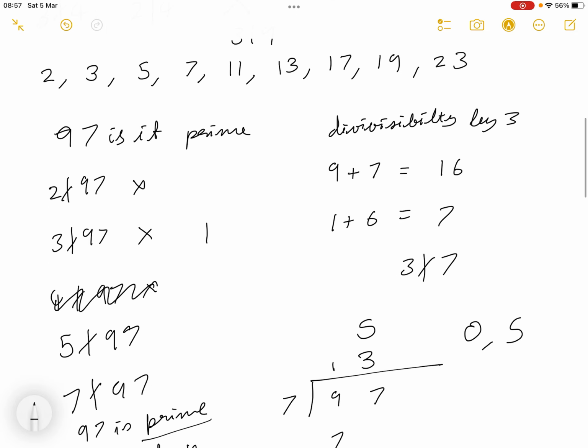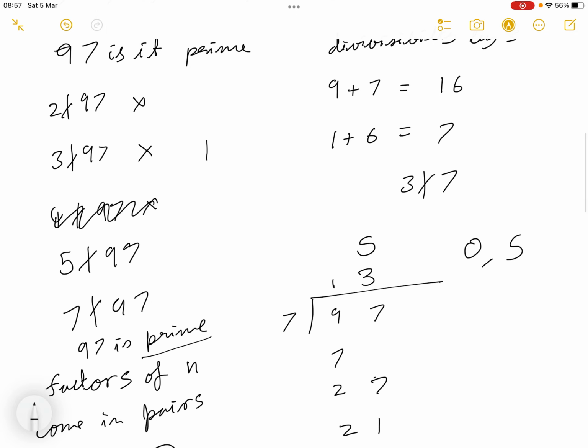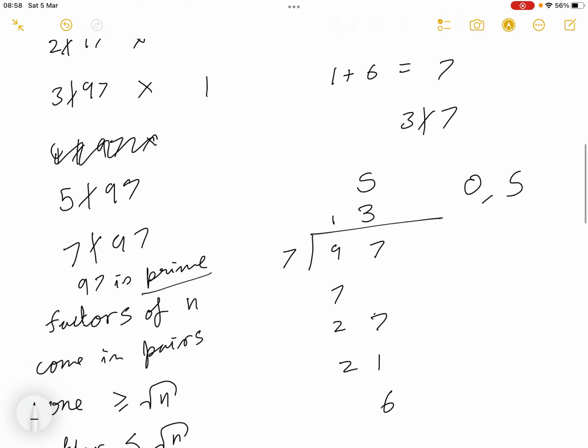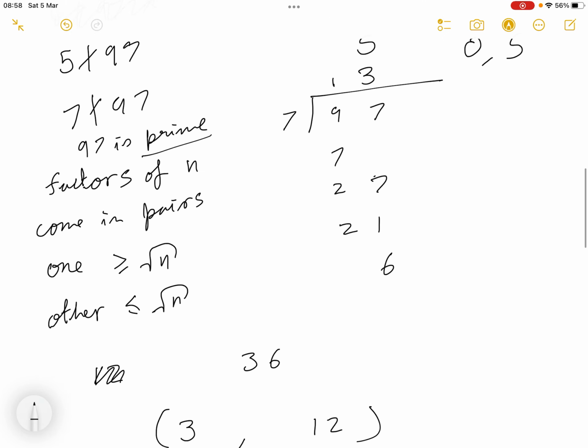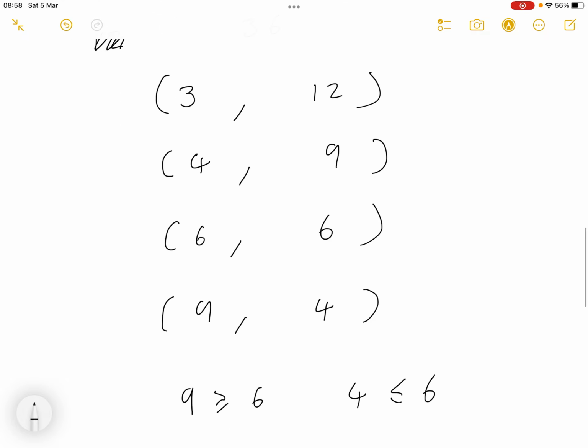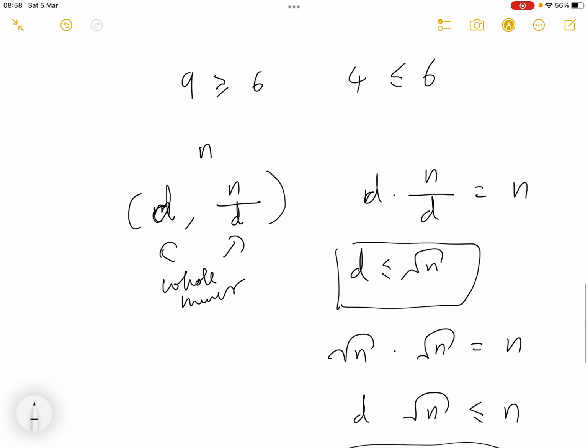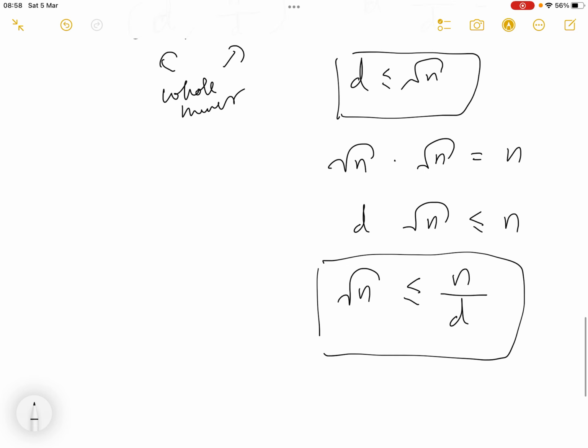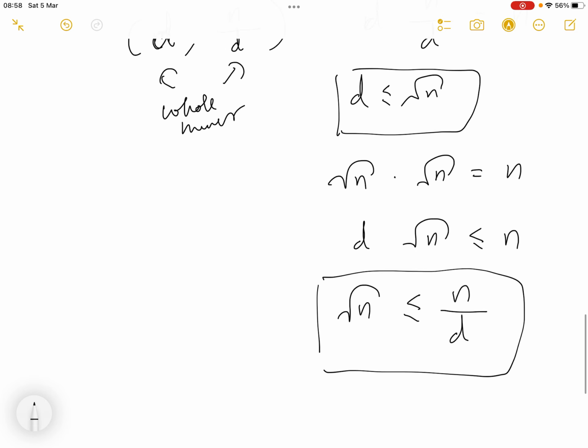So you can check if a number is prime by checking if it's divisible by all the primes less than or equal to its square root, right? And why? Because factors come in pairs. And that's about it. In the next video, I will be showing you that there are actually infinitely many primes.